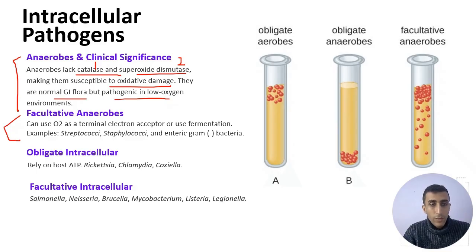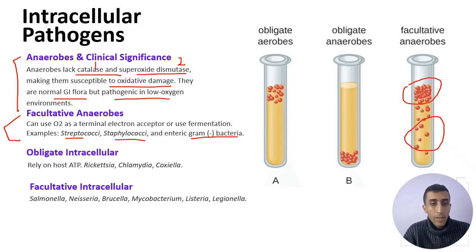So this is for anaerobes versus the facultative anaerobes, which includes some of the most famous organisms such as strep, staph, and enteric gram negatives. Facultative anaerobes can live near oxygen and also behave like anaerobes away from oxygen.